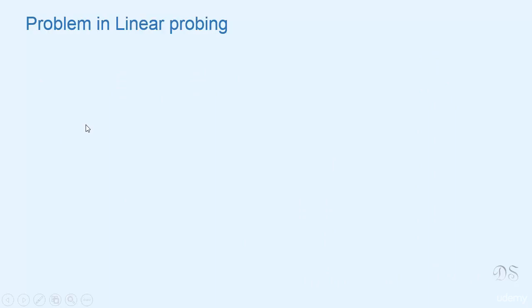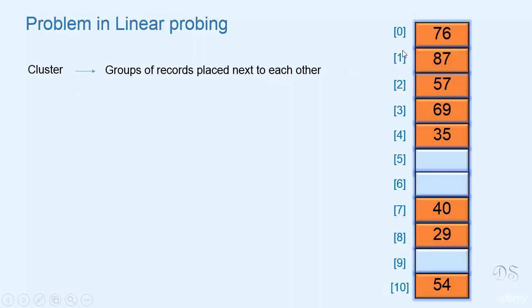Now let's look at a problem that we face in linear probing. When almost half of the table is occupied, there is a tendency of cluster formation. Now these clusters are nothing but groups of records placed next to each other. For example, in this table, we have this cluster formed by locations 10, 0, 1, 2, 3 and 4.